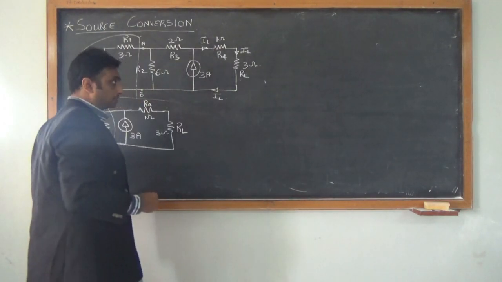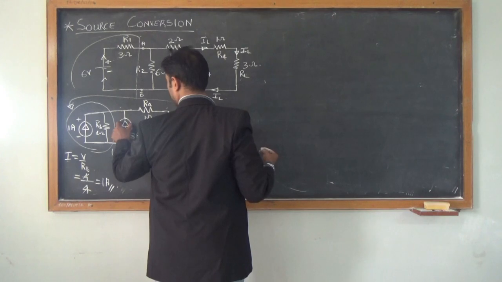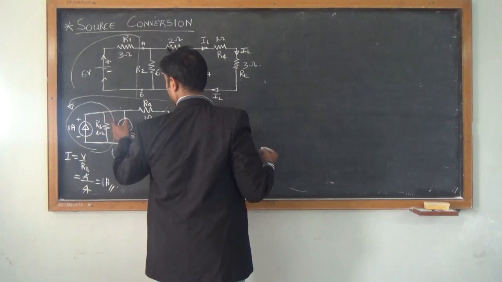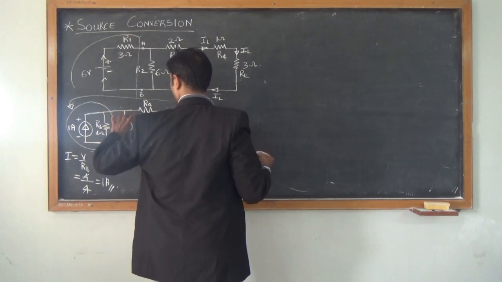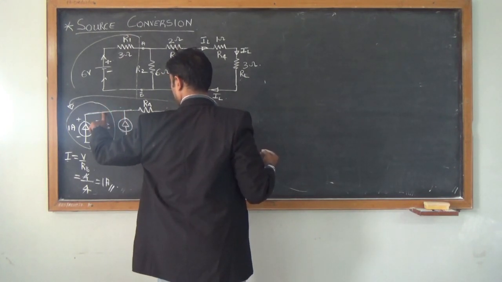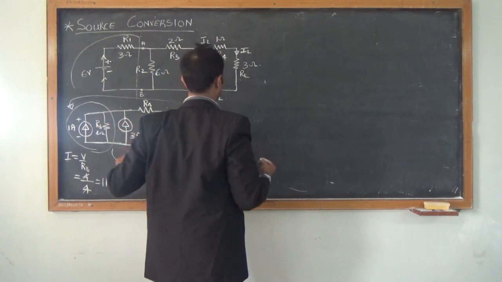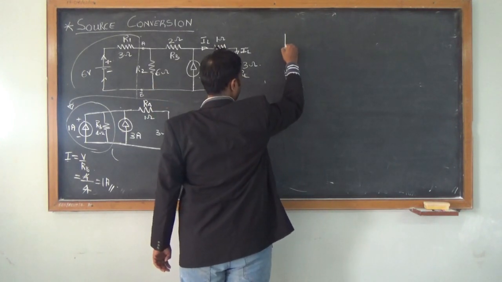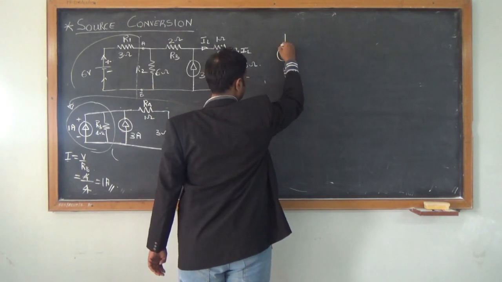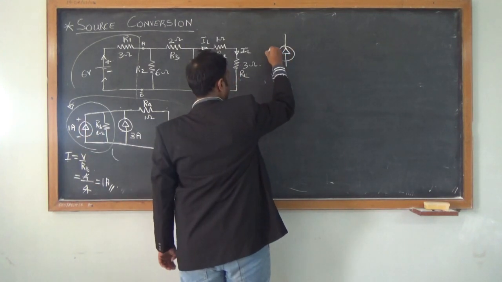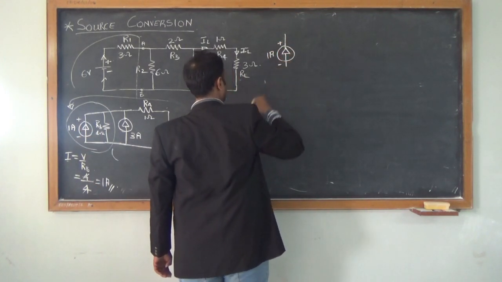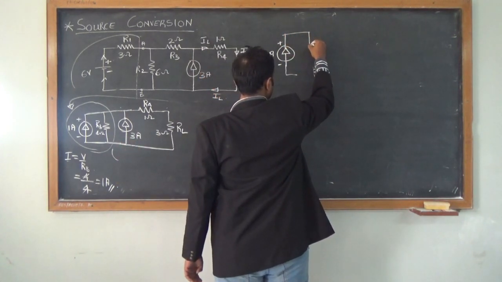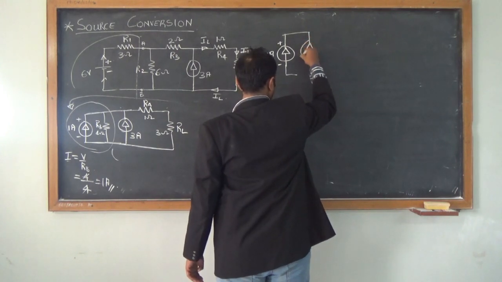So I can shift my current source of 3 amps and I can shift my RB since it's on a common bus bar platform. So redrawing my circuit, I have my 1 amp of current source, positive, negative. Then I have my 3 amps of current source also in the same direction.